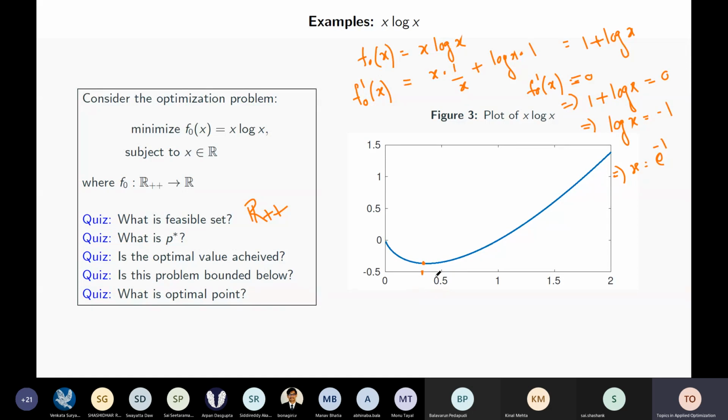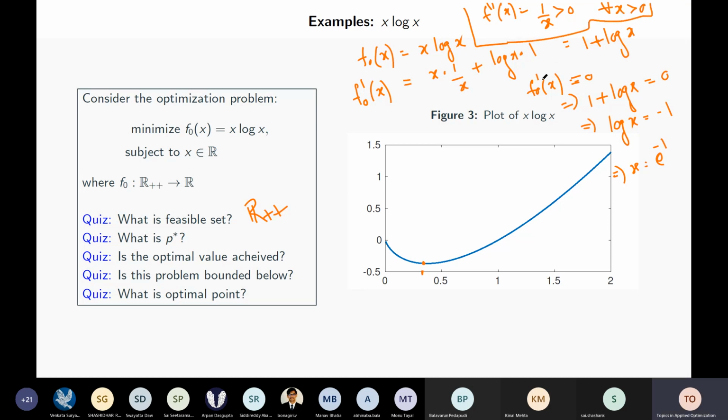There is one more step: you have to prove that this is indeed the minima. So you do a double derivative test also. If I do a double derivative, this will be 1 over x. Okay, 1 over x is always positive for all x greater than 0.